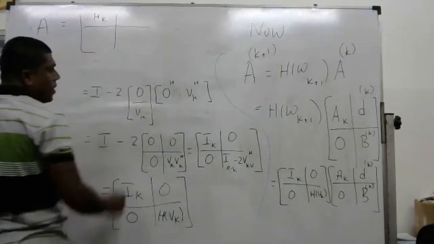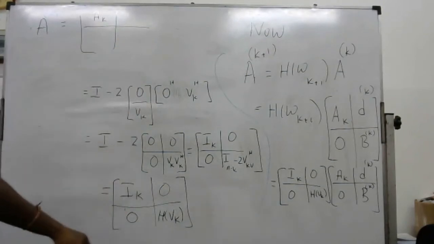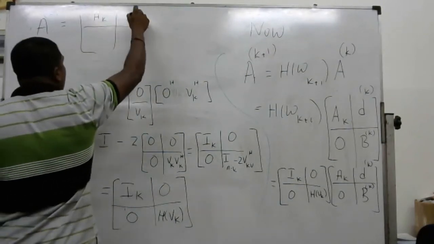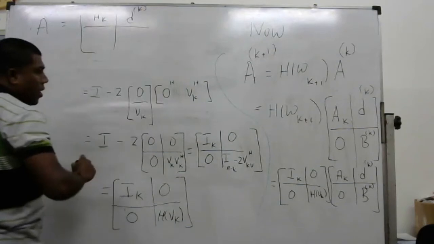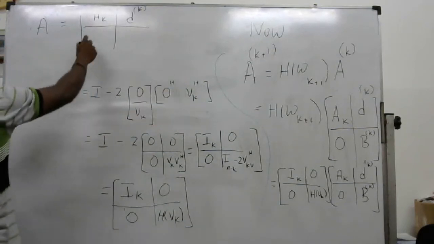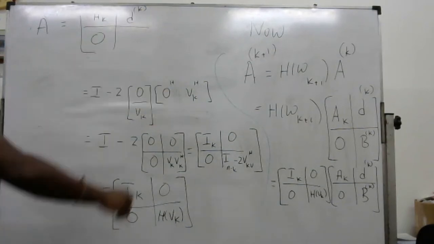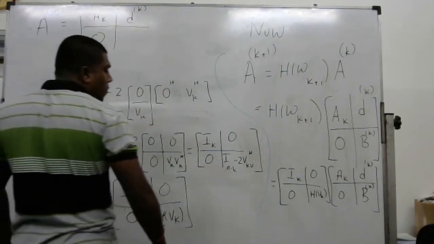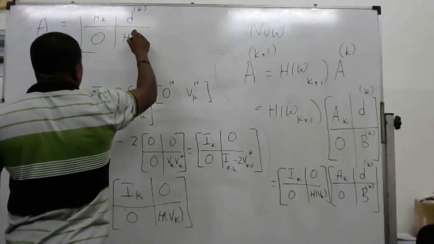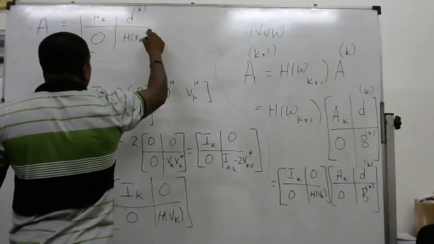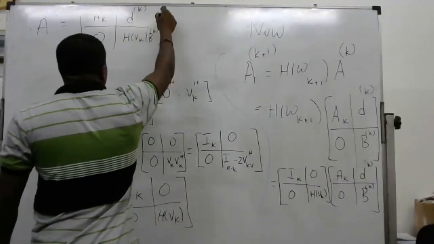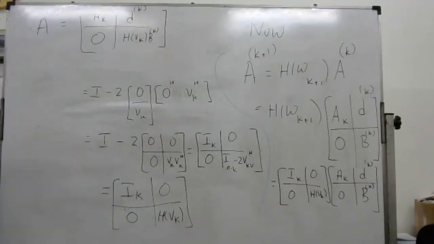like 4 blocks. This into next is Bk. This into that is 0, and this into that is HBk times Bk. Right, so that is what you have when you multiply the two blocks together.